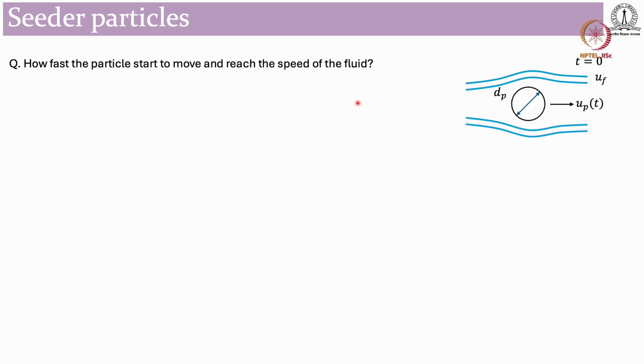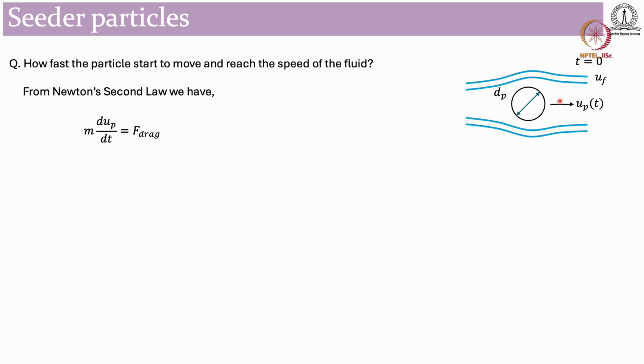To model this, we will just use a simple Newton's second law, where for the particle you can say that the rate of change of momentum, that is mass times dup by dt, is equal to the drag force the particle is facing. This drag force is because of the motion of the particle relative to the fluid velocity, right?